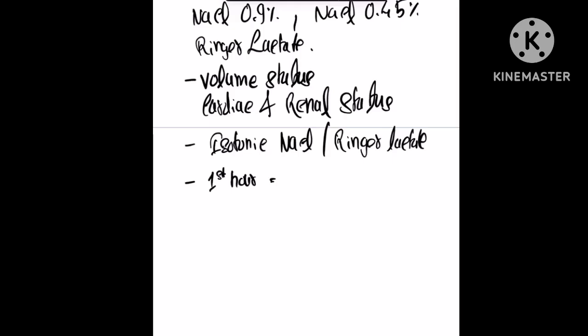In the first hour we usually give nearly up to 2 liters of fluid. In the second hour, we give another liter. In the third and fourth hour, we give another liter of IV fluid.